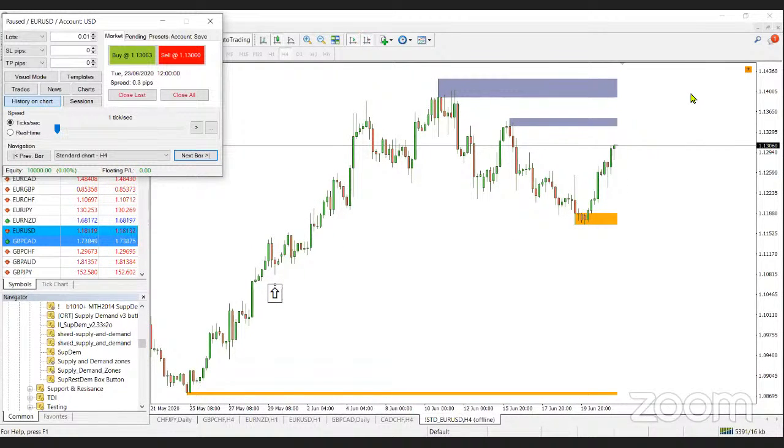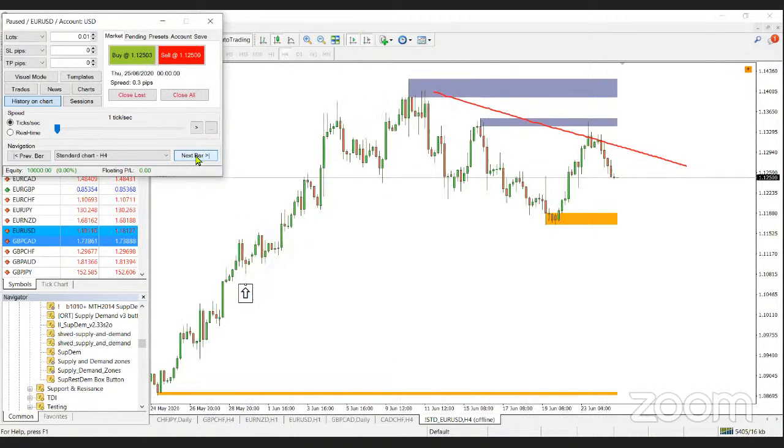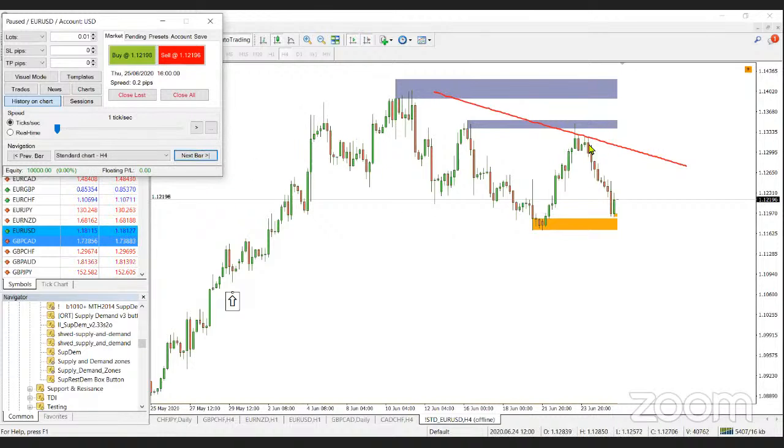It goes back up again. But still, there might be a viable lower high. Seems like it does have a lower high. So again, I'll repeat, wait for either a retest, trade the lower high or the higher low.